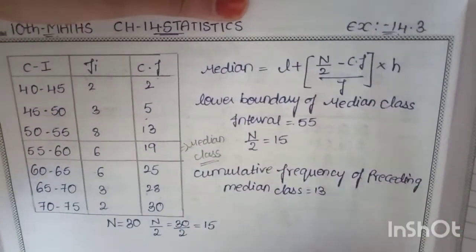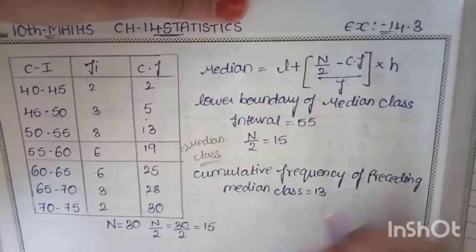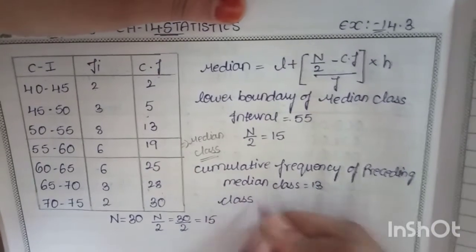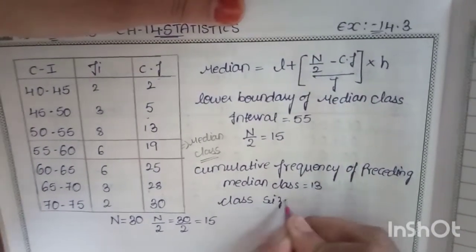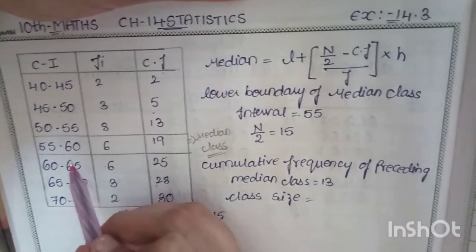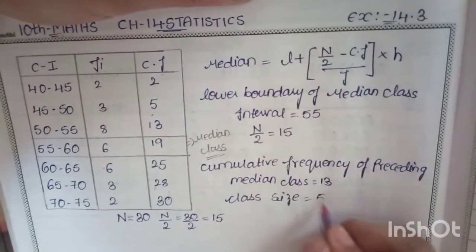So our CF will be equal to 13. Next, H is the class size. So what is the difference between 55 and 60? Yes, you're right, it equals 5.